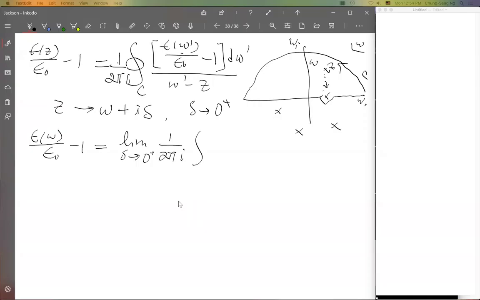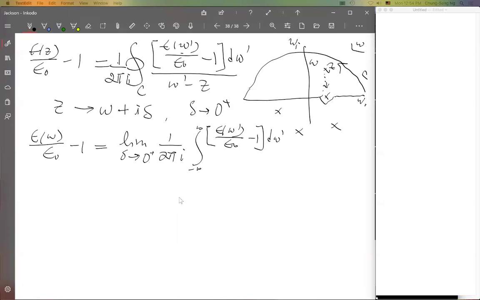Now the integration becomes, because delta is so small, just integrating omega prime over the real axis.